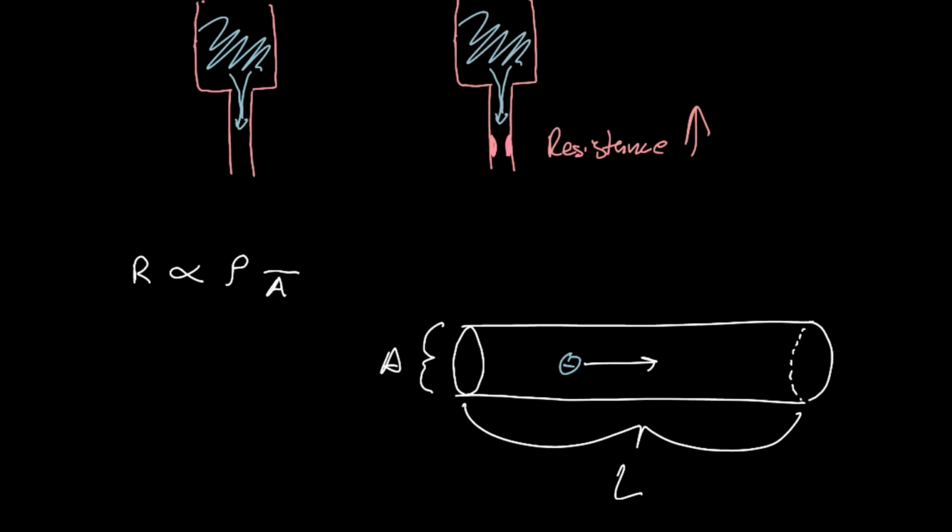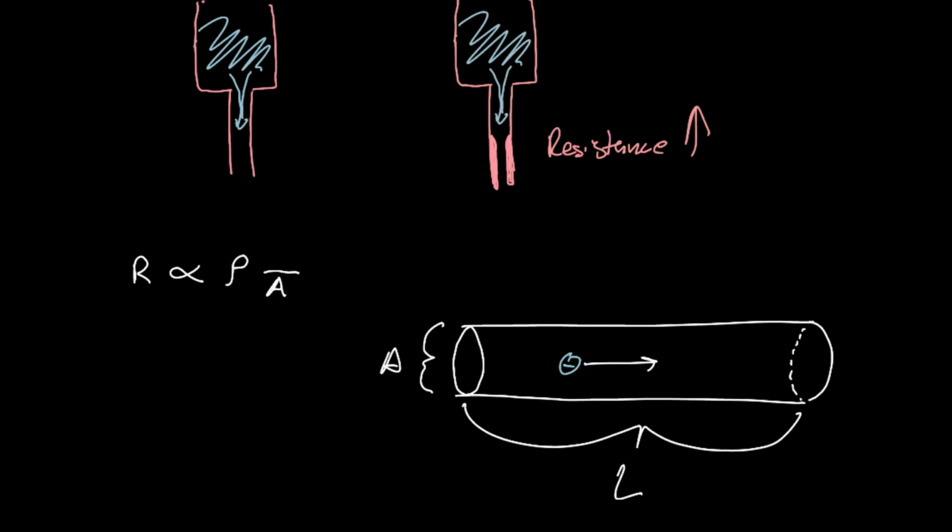Okay, so let's think about the length. If we make our length longer, is it going to make this section of wire more or less resistive? Is it going to be easier for this electron to flow through twice as much of that material? So the way that we can think about that is, what if we took this pipe over here, and we made it even more of this small gap that it has to go through?